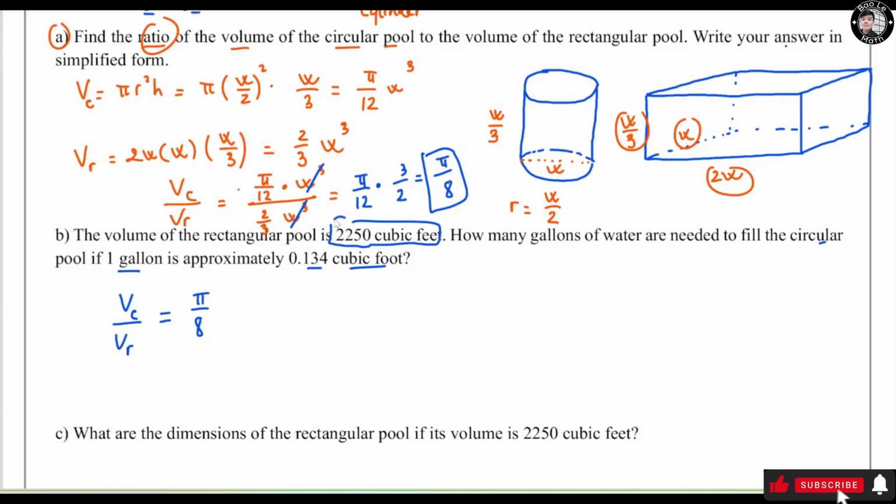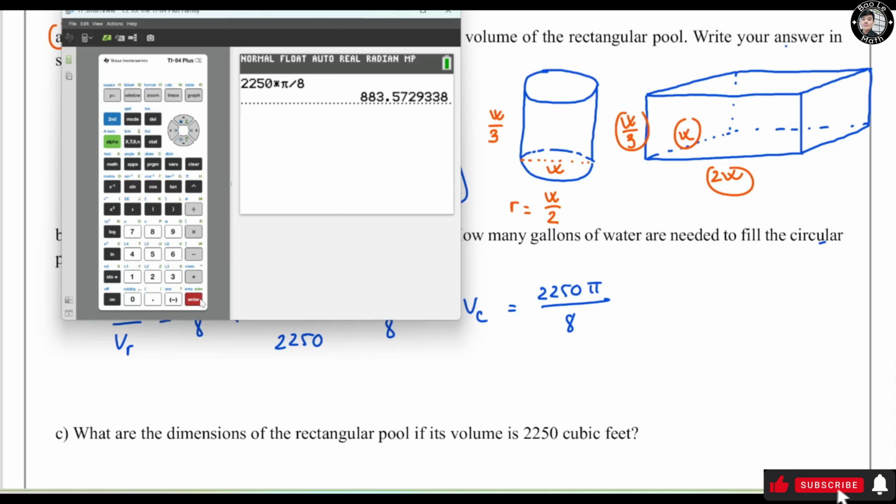Now VR equals 2250, so substitute over here. We have VC over 2250 equals pi over 8. Now just cross multiply, so VC equals 2250 pi divided by 8, right?